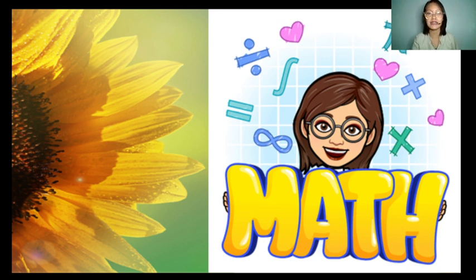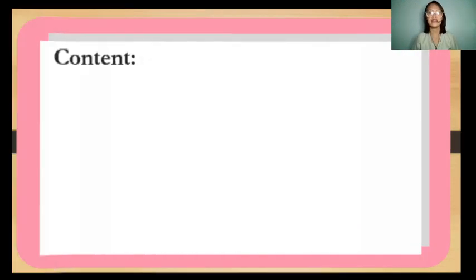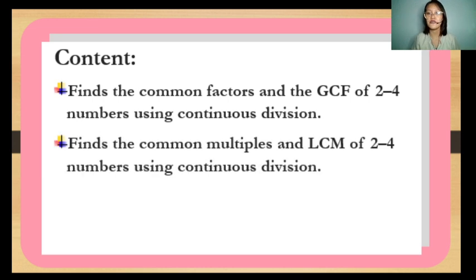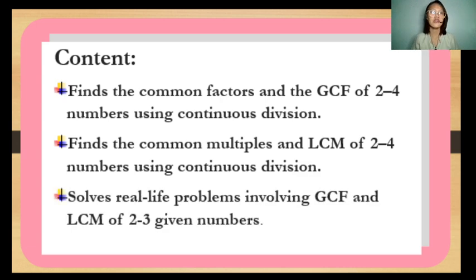So let's start. In this session, our contents are as follows. Una, finds the common factors and the GCF of 2 to 4 numbers using continuous division. Then finds the common multiples and LCM of 2 to 4 numbers using continuous division. And solves real life problems involving GCF and LCM of 2 to 3 given numbers.